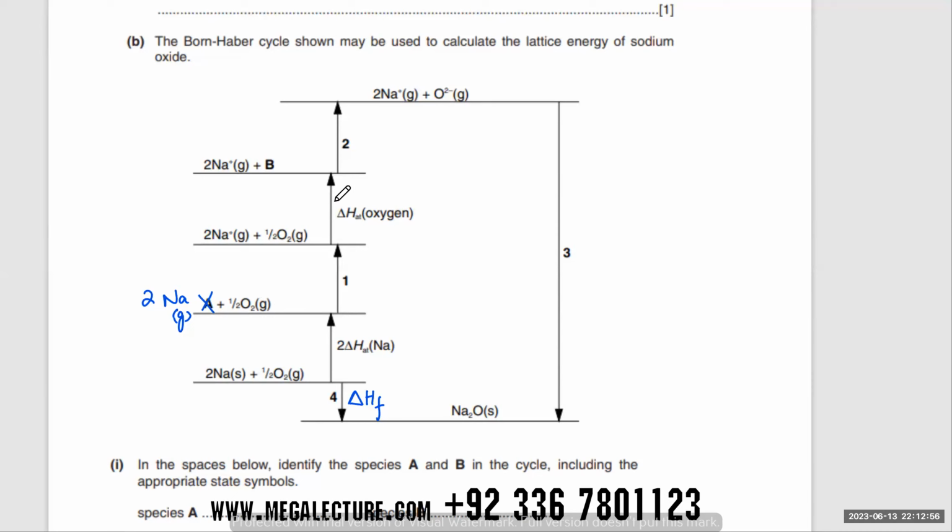There's half O2 gas, there's still half O2 gas. It's got nothing to do with oxygen because nothing happened to oxygen. So what does this arrow represent? Sodium was ionized. That's the first ionization energy of Na, and times 2 because there are 2 sodiums, right?